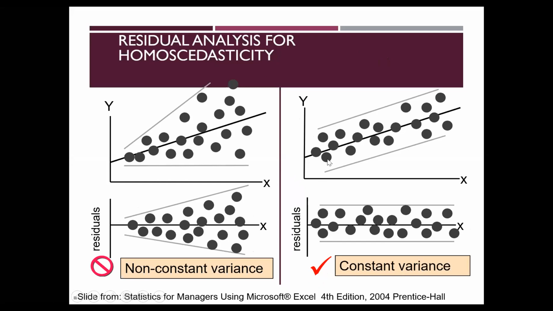There should not be a lot of ups and downs in the curve. That's called homoscedasticity. A constant variance has to be there. That is one of the assumptions. We'll check how we can check for this assumption in the practical.